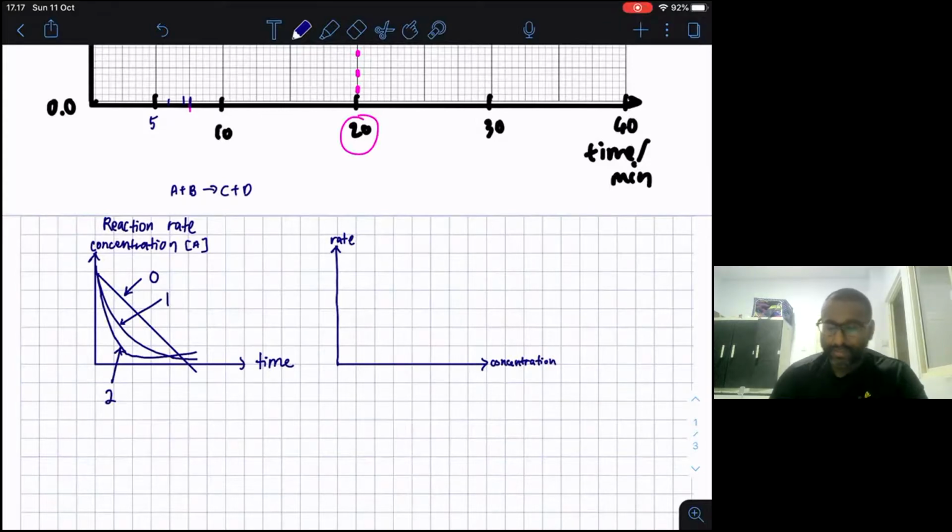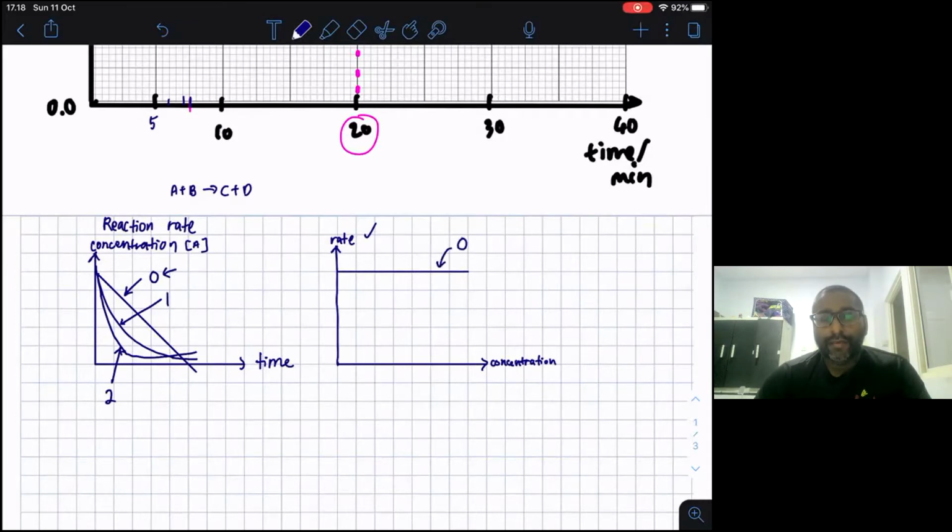So if you look at the gradient, which is the rate, the rate is constant, it doesn't matter what the change in concentration of A is. If it is a constant rate, that is going to be one graph that we will get like this, a constant rate. So this belongs to zero order. This is going to be a zero order reaction.